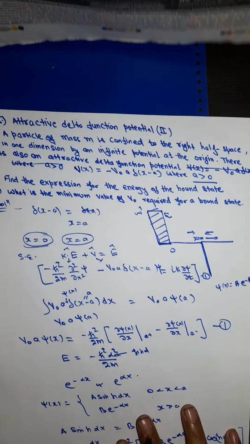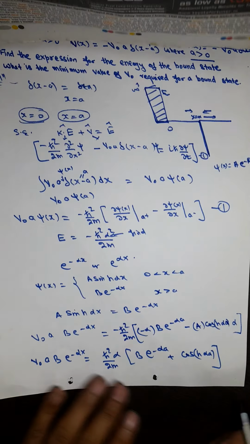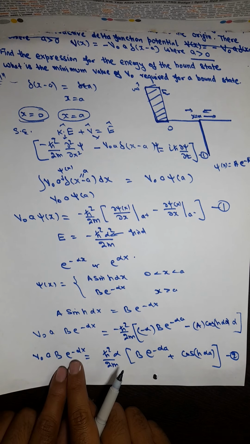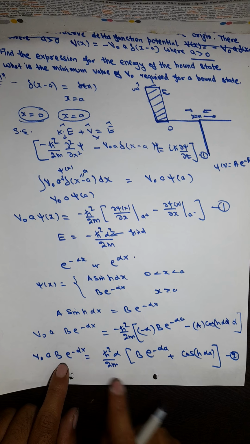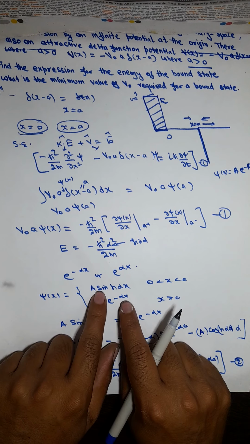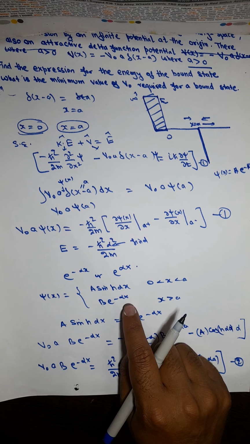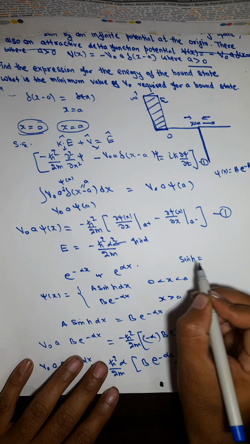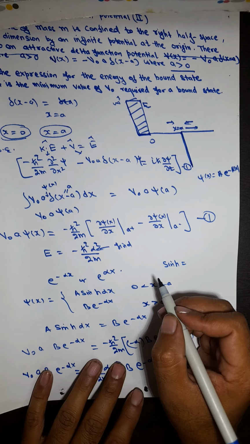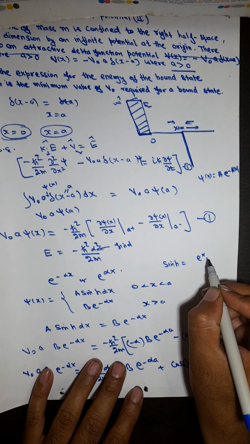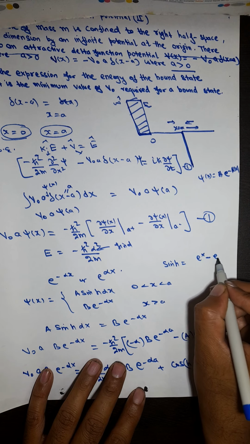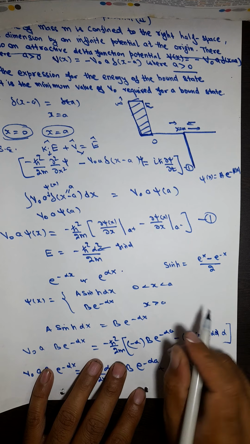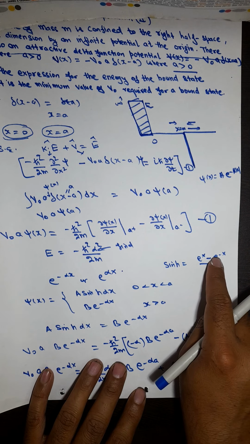So put this as equation number 2, and then we need to divide by e raised to the power minus alpha x. If you don't know, sinh(alpha x) is e raised to the power x minus e raised to the power minus x, divided by 2, and for cosh it is a plus only.